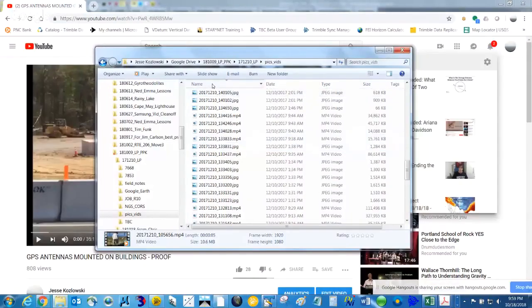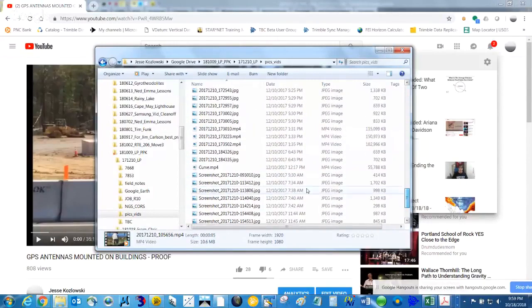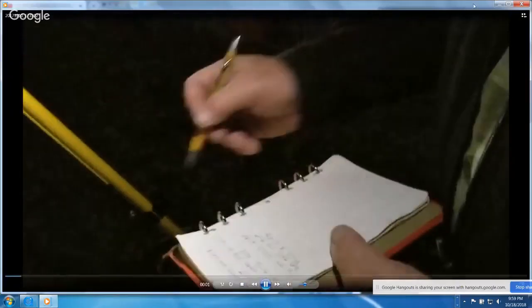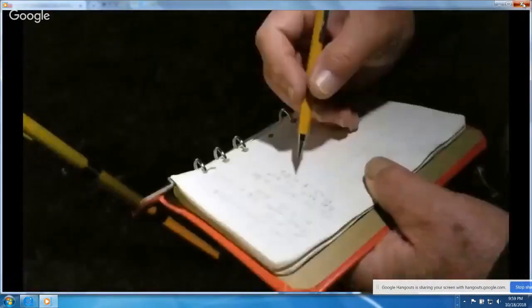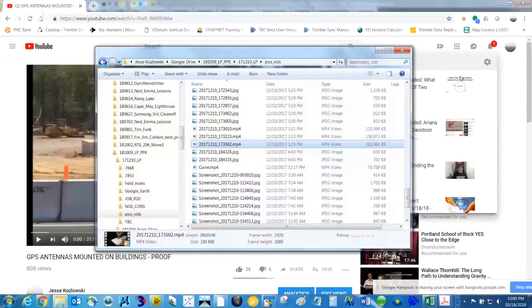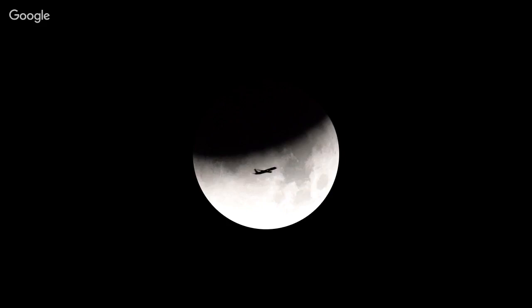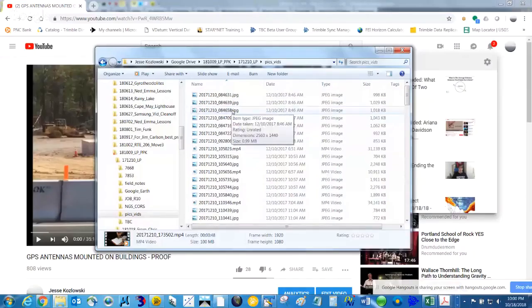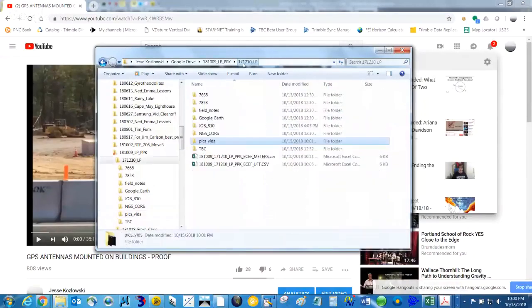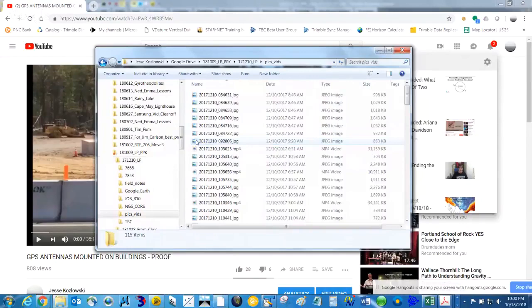I must have these upside down. Sorry, folks. I think it's this set here. Nope. It's all right. Take your time. Lake Pontchartrain, 1210. It's got to be in here.